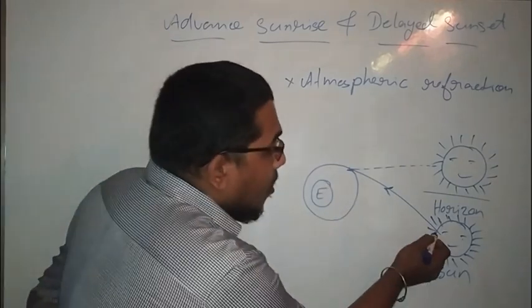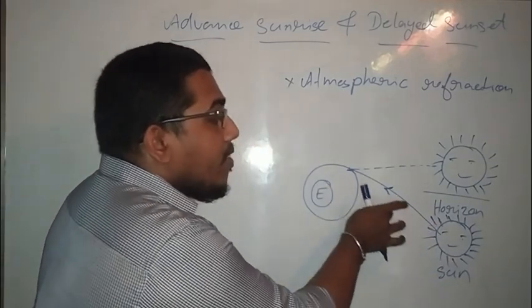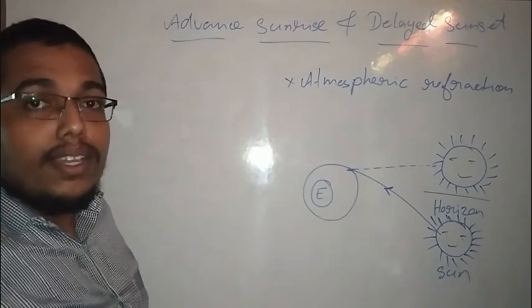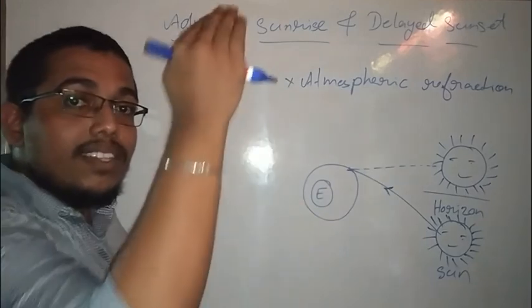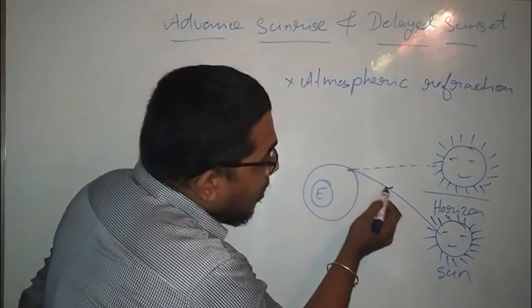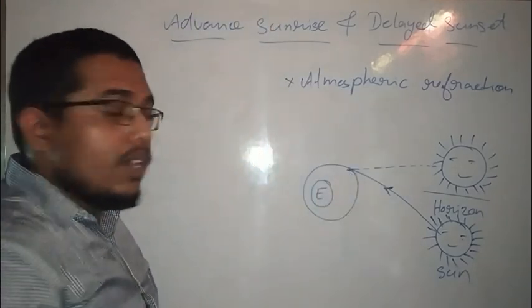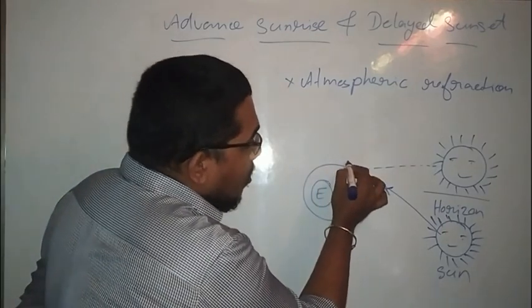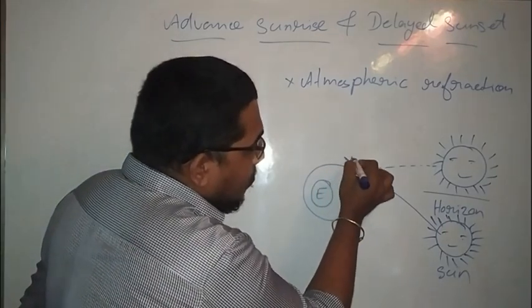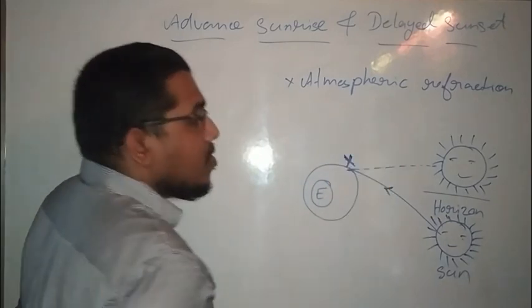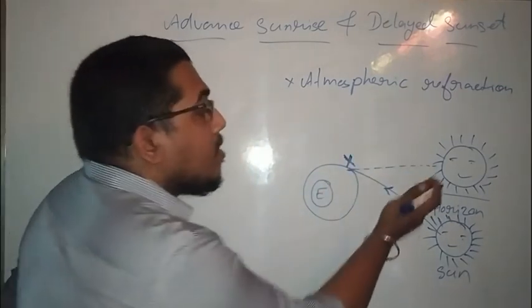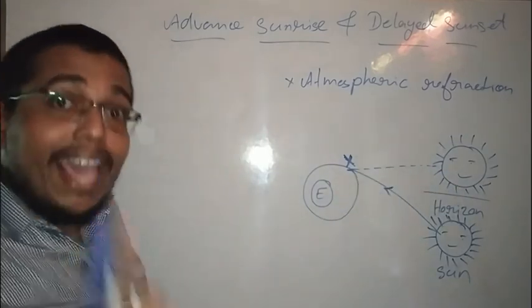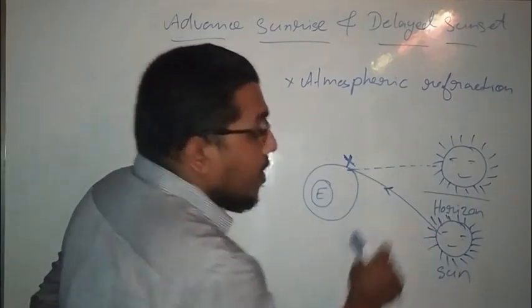While moving from the optically rarer region to the optically denser region, the rays refract downwards, means bending downwards. So if a person is observing from this position X, he or she happened to see that the sun is just above the horizon, but actually the sun is just below the horizon.